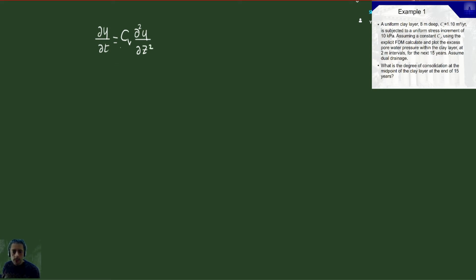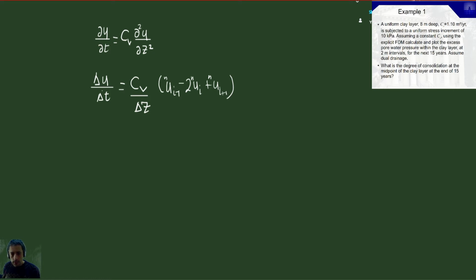And so if we take this and make it the difference equation, we assume that the time increments are constant, delta z is constant, and so we have here at any time u at i minus 1 minus 2 u i plus 1, and that's all at the same time value n.